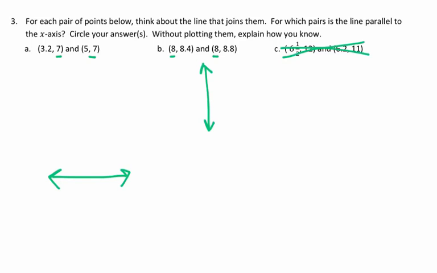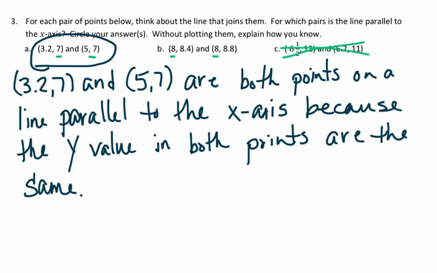So if I'm looking, A is going to be the correct answer because 7 on the y, as the y part of the coordinate pair, is going to make this line that goes between those 2 points, it's going to make that one horizontal, just like the x-axis. So my answer is 3 and 2/10 and 7 and 5 and 7 are both points on a line parallel to the x-axis because the y value in both points are the same.